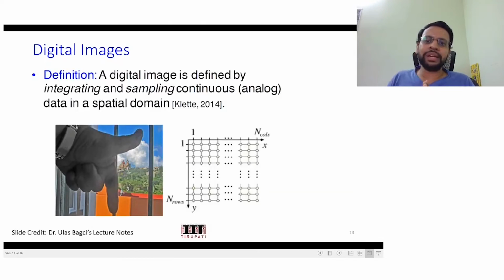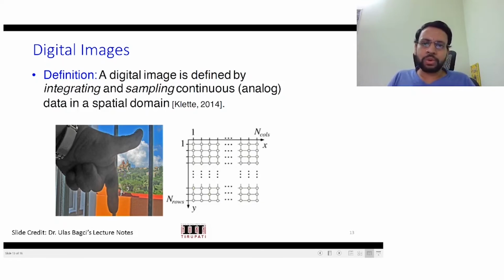If you would like to have a more formal definition for a digital image, as we already discussed, there are two phenomena that are happening. One is sampling in the spatial domain and the other is quantization in terms of the intensity values that will be stored.